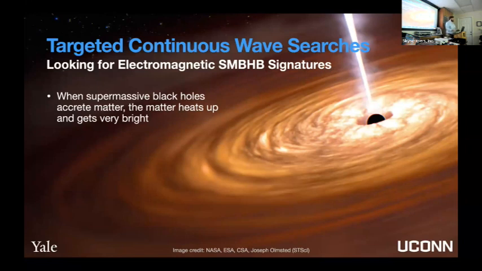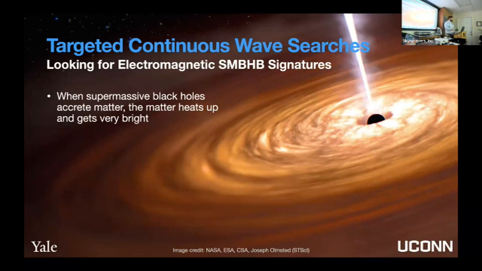I mentioned earlier that we're probably about 5 to 10 years out from detecting continuous waves. We're a little impatient as astronomers. We don't really want to wait 5 to 10 years. So we've been looking around to see if there's a better way to try to detect these and to improve our sensitivity. And it turns out that we can actually improve our sensitivity using what are called targeted continuous wave searches.